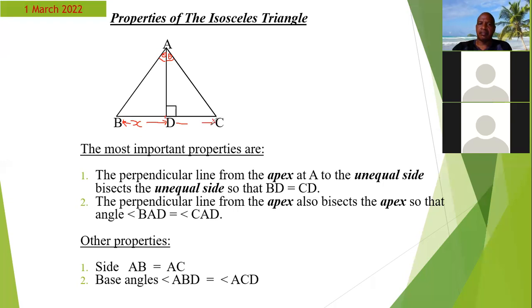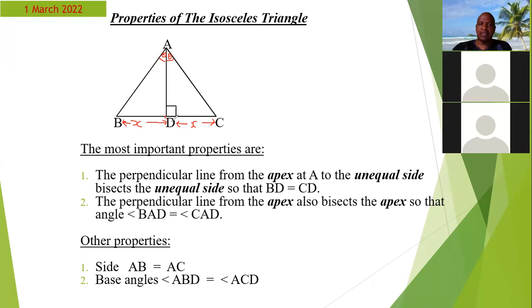Can anybody guess what the length of D to C would be? It will also be equal to x. And why is it equal to x? Because this vertical line cuts the base in two equal parts.